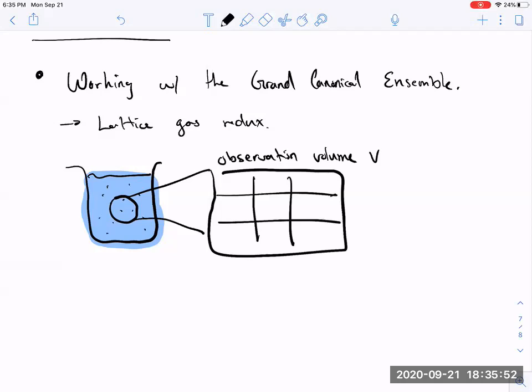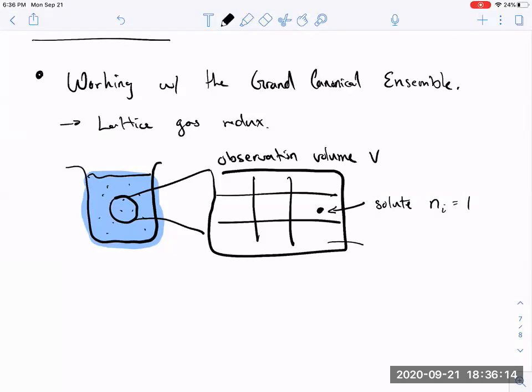Now within any one of those cells, maybe there's a particle, a solute, going into that cell. And if there is, we'll assign some fluctuating quantity, little n, for that cell i with the number 1. So there's a particle in that cell.